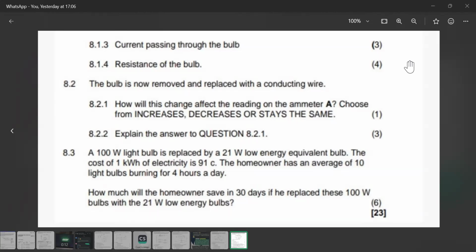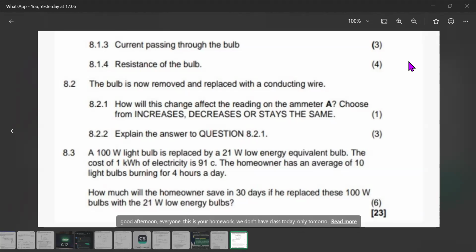Okay, so what do we need to do here? We actually need to calculate the cost, the total cost that the homeowner spends, right? But here we need to calculate two costs.